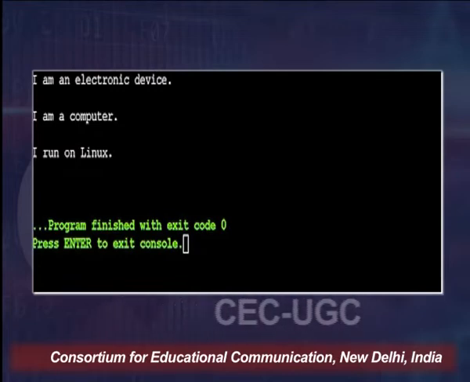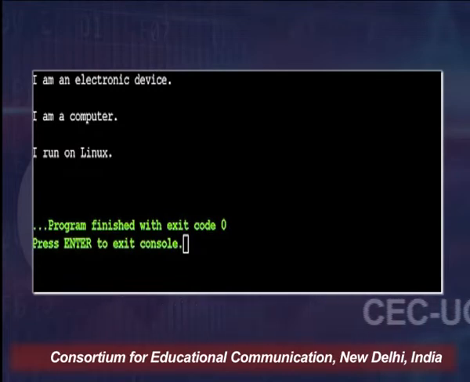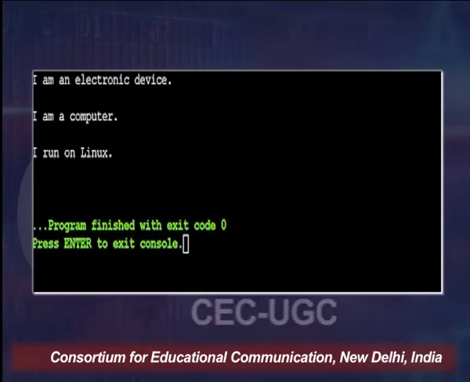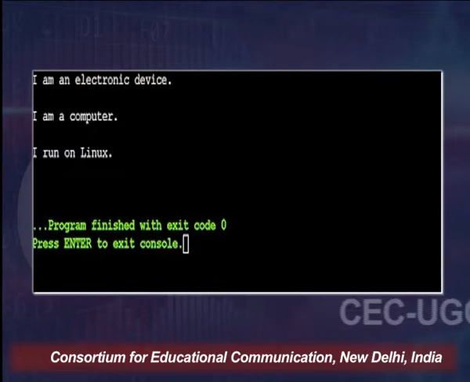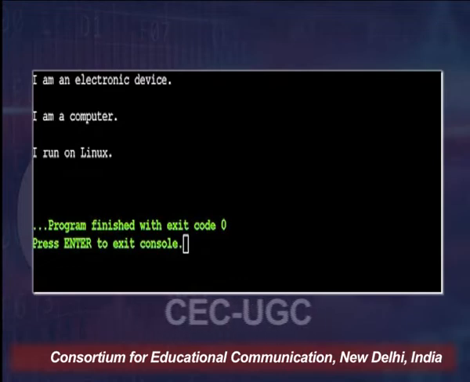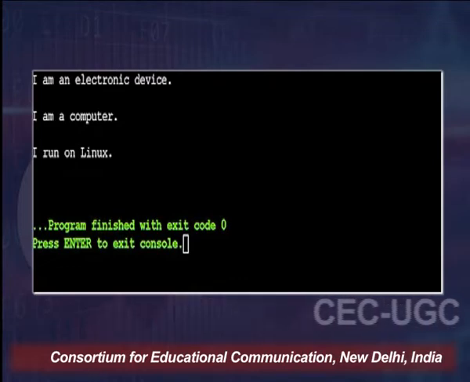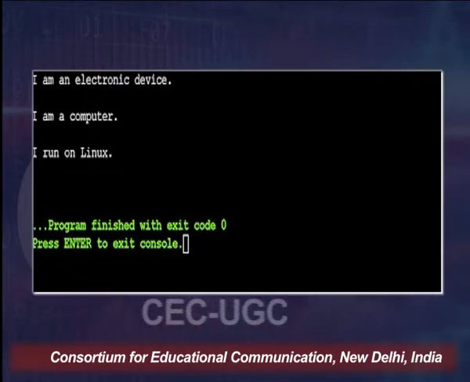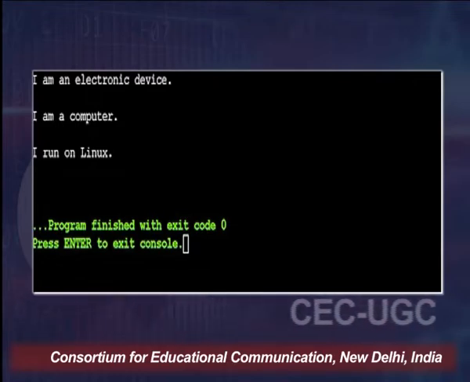So first of all, the execution of the topmost base class electronic device constructor is completed, giving the statement "I am an electronic device". Then at the second level, the execution of the constructor of the base class in the middle is completed, which says "I am a computer". Finally, it says "I run on Linux".